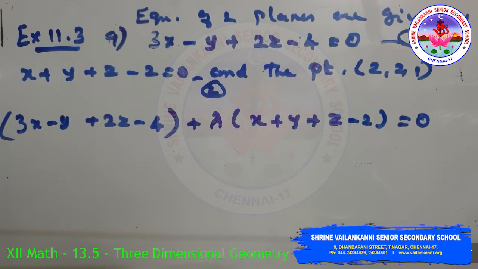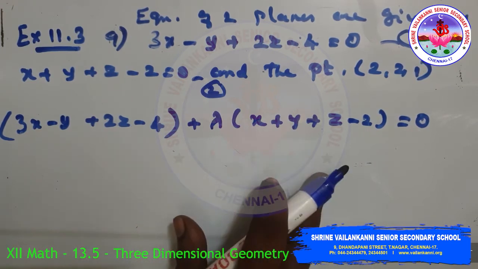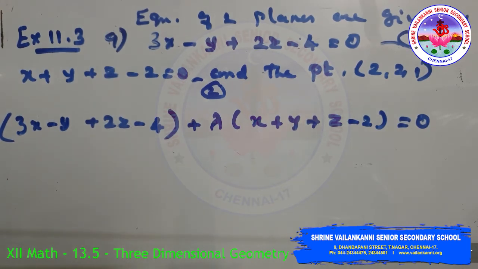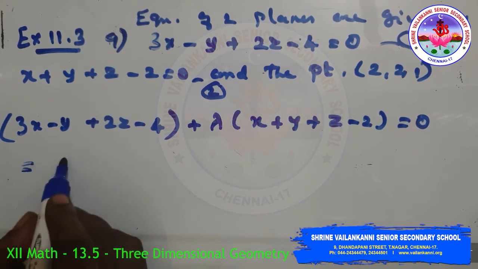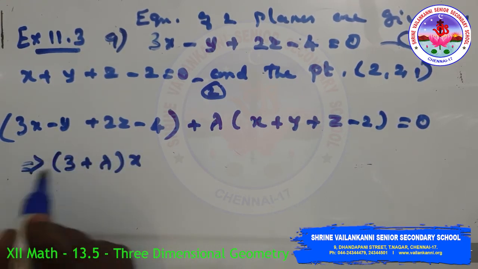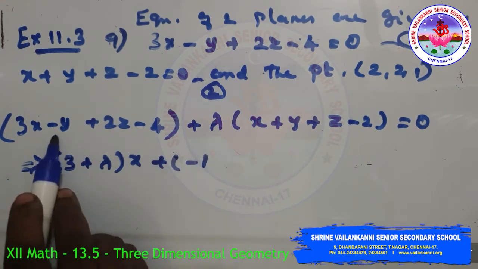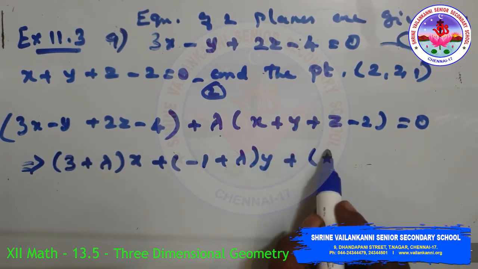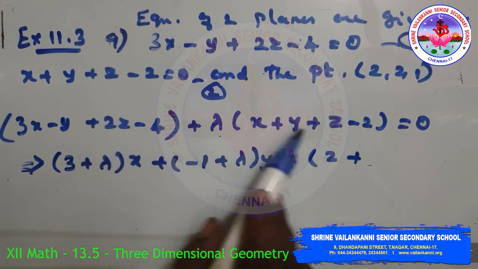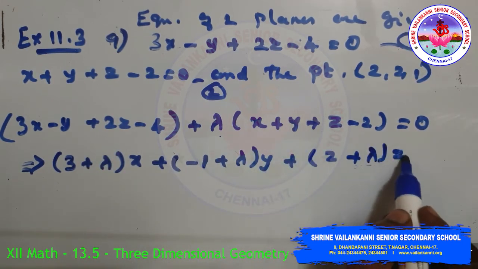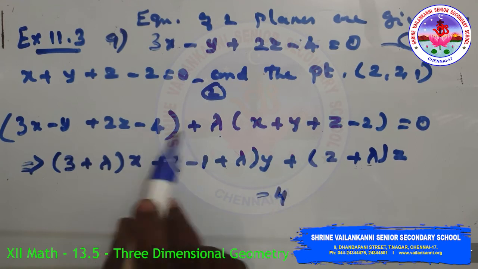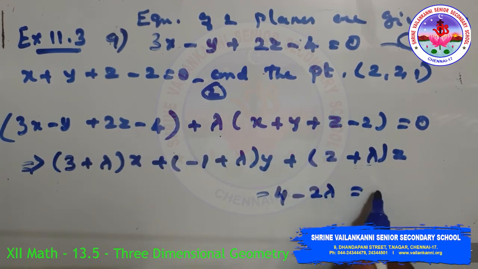So using the formula a1x plus b1y plus c1z minus d1 plus lambda of (a2x plus b2y plus c2z minus d2) equal to 0, we can write this equation as (3 plus lambda) of x plus (minus 1 plus lambda) of y plus (2 plus lambda) of z minus 4 minus 2 lambda, which is equal to 0.